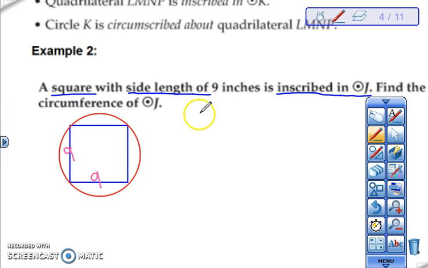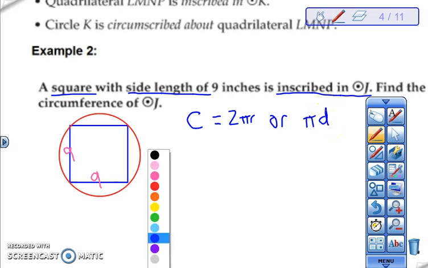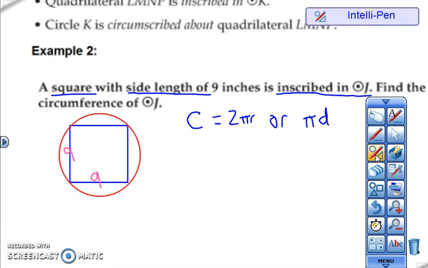We know that to find the circumference, we either need to know the radius or we need to know the diameter. When I look at my picture, none of the sides of the square go through the middle of the circle, so I do not have the radius and I do not have the diameter.